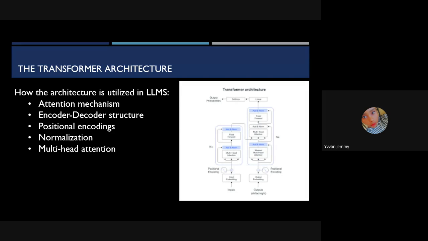Encoder and decoder structure. The encoder and decoder structure in transformer architectures is applied in LLMs in that the encoder takes the input that you give it, like words and statements, and then transforms those inputs to numbers. Let me say vectors. It transforms the inputs to vectors.